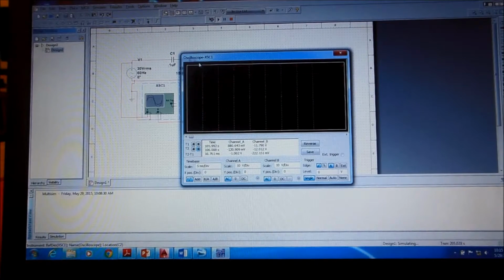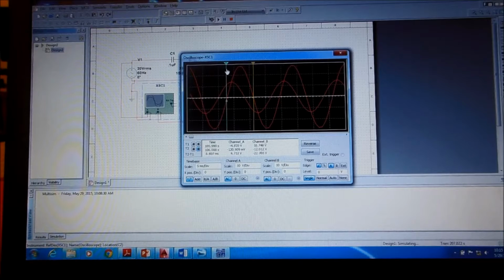Now if we want to know how much one leads the other one, we put this one on the peak of the smaller one, the output. Sometimes you have to change time scales to get it really accurate, but right now we're just kind of doing it proportionally.